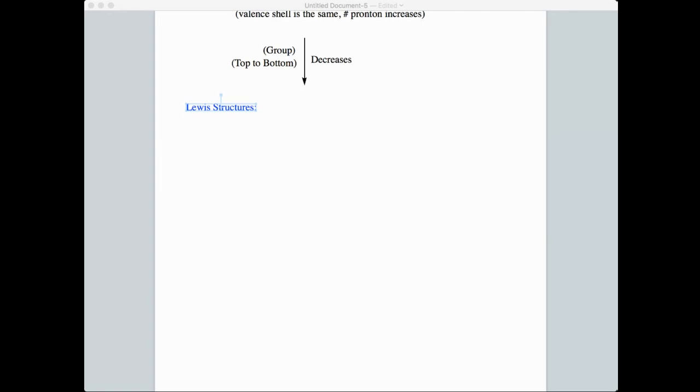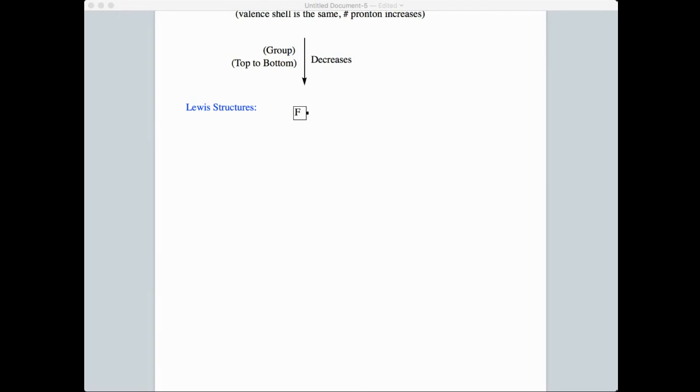Did we or didn't we? I believe we did go over Lewis structures. If we did not, okay, good. So how do we draw the Lewis structure of single atoms? So let's say I'm going to draw the Lewis structure of the atom of fluorine. What should I do there?